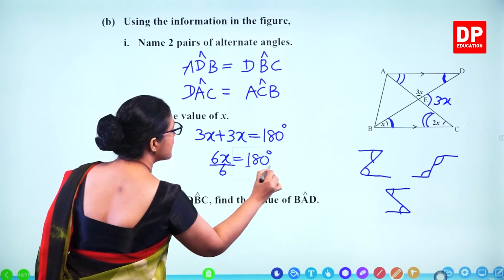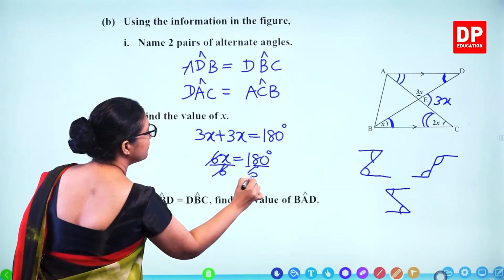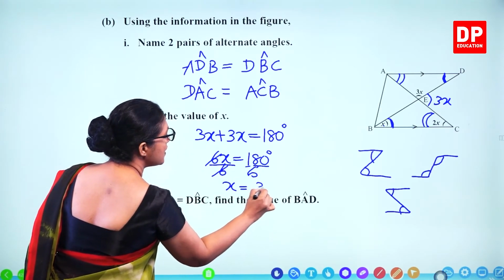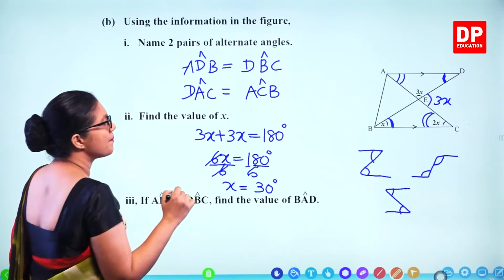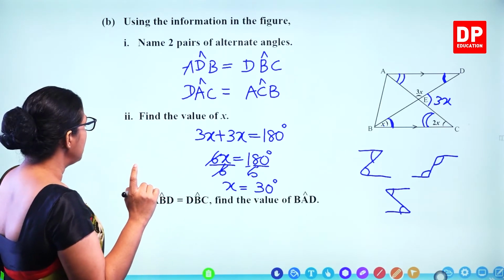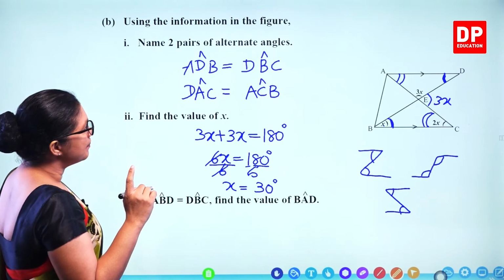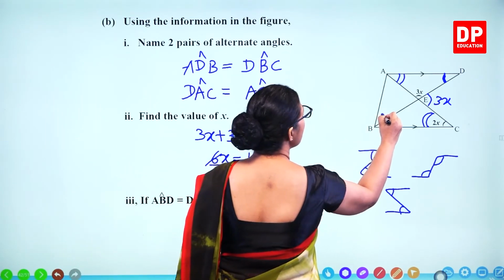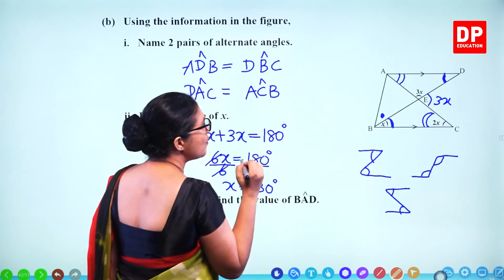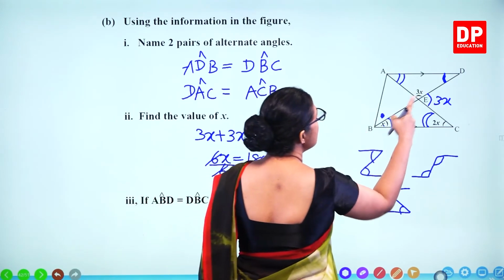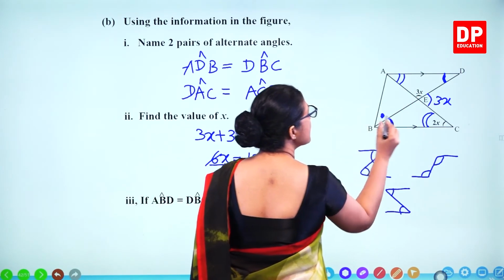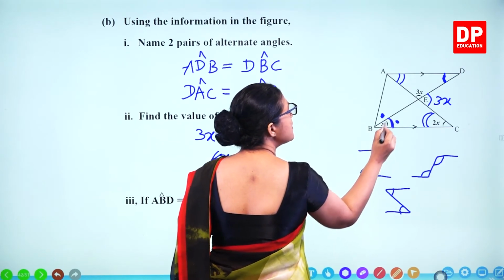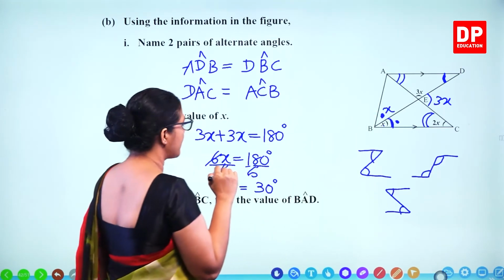Divide by 6. 30 degrees. Then if ABD, this angle is equal to DBC, that means x. So if this is x, this is also x.